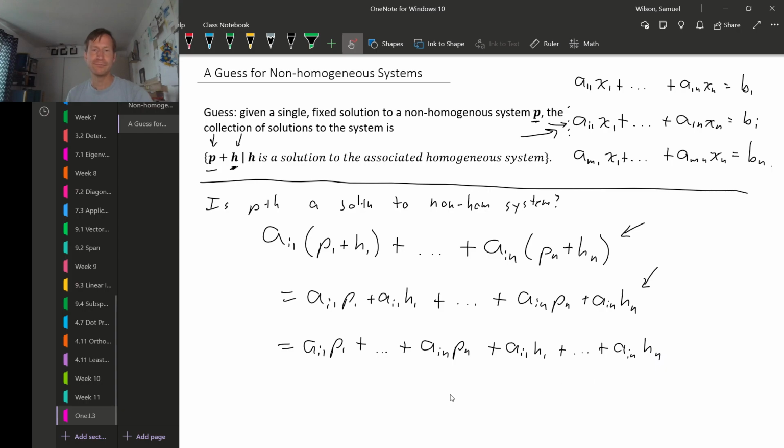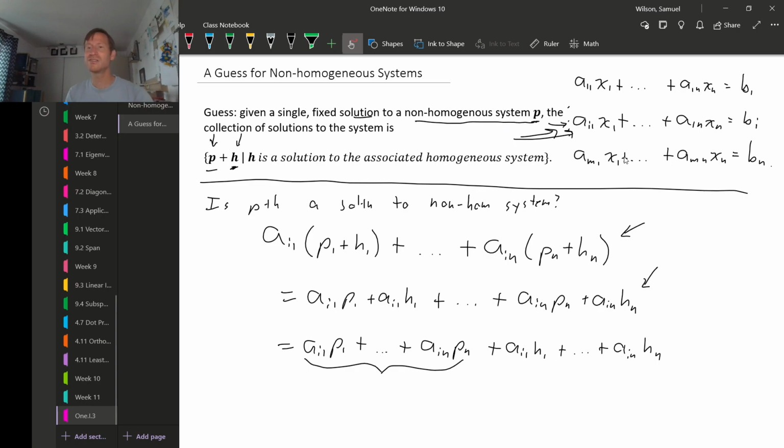Okay. Now what? Well, look at these p terms. This is actually just this ith equation, but with the entries of p plugged into it for the variables. What does that give us? Well, p is a solution to the non-homogeneous system.